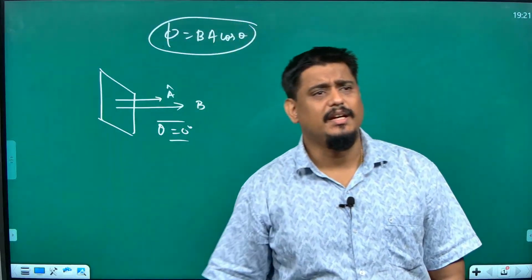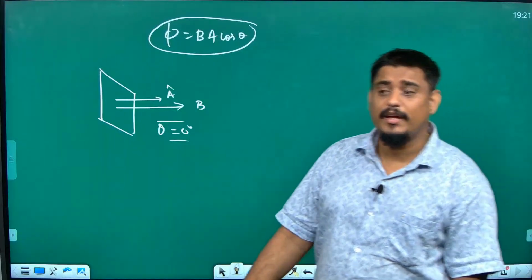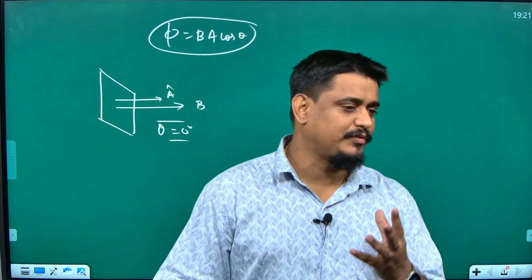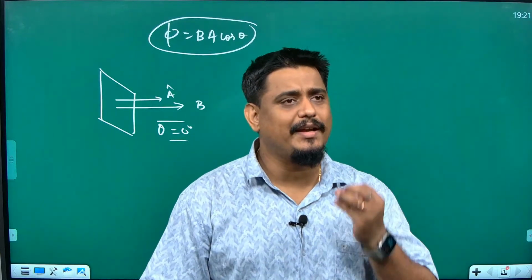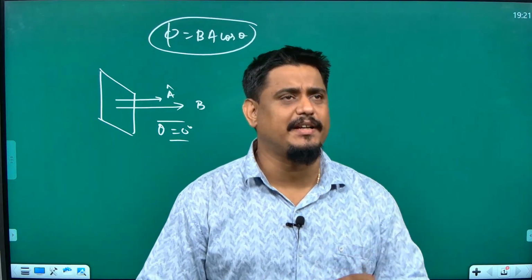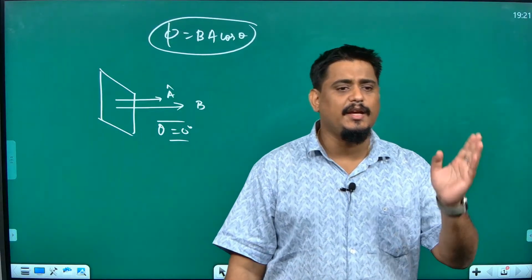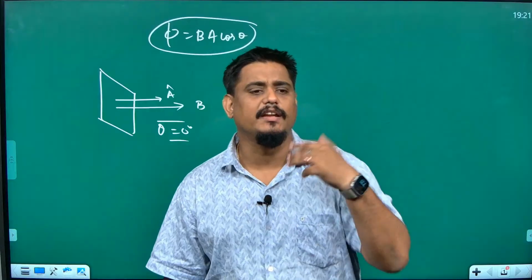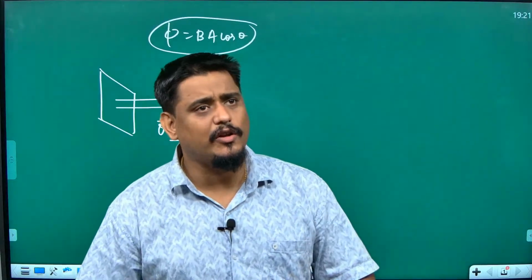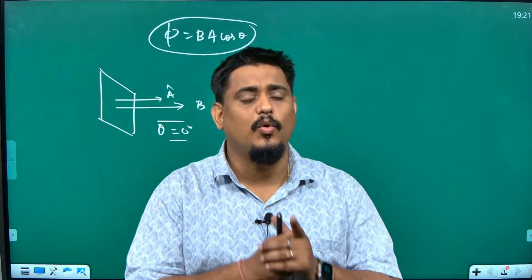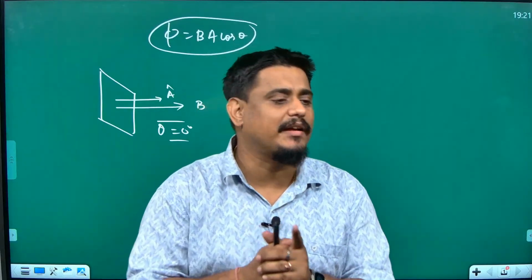Then we learnt Faraday's experiments, where he understood the cause of induced EMF. He found that whenever there is a change in magnetic flux, there is an induced EMF, and if the circuit is a closed circuit, there will be induced current also. He also told that this induced EMF will last only till there is a change in magnetic flux.